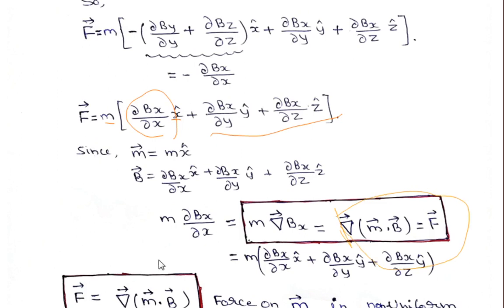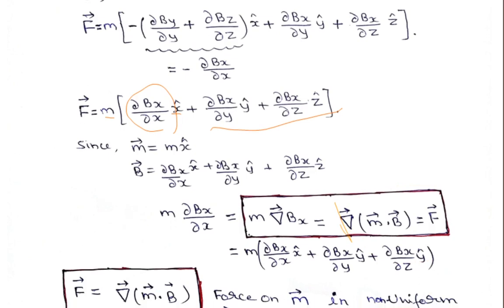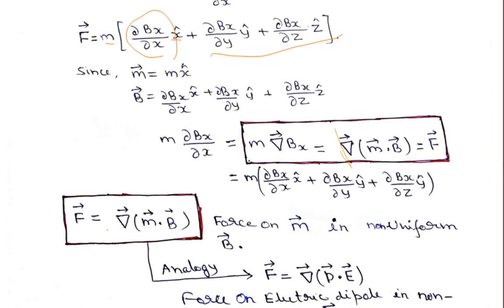If you compare this result with the electrostatic one, the force on a dipole when it is placed in a non-uniform magnetic field can be written as F vector is equal to del operator of m dot B vector.